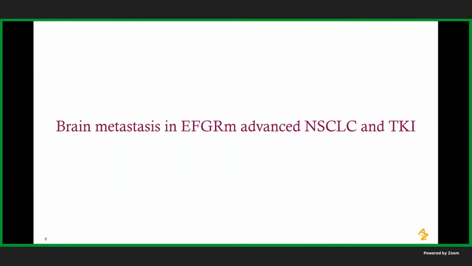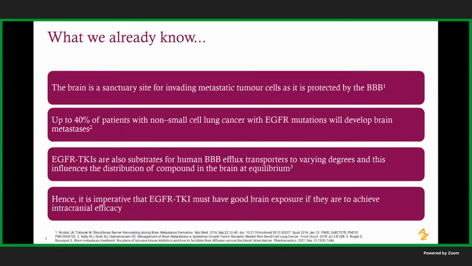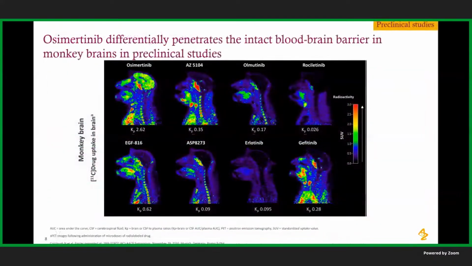So brain metastasis in advanced EGFR mutations and advanced cancer. The brain is a sanctuary site, therefore most of the chemotherapy drugs do not cross it. Up to 40% of patients with NSCLC with EGFR mutation will develop brain mets, and because of the blood-brain barrier, it offers a resistance to most conventional chemotherapies.